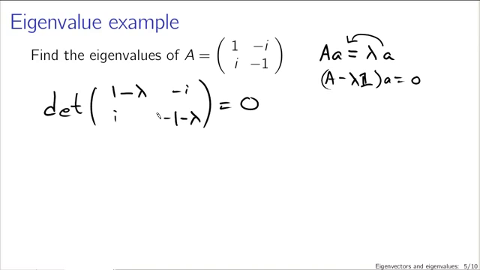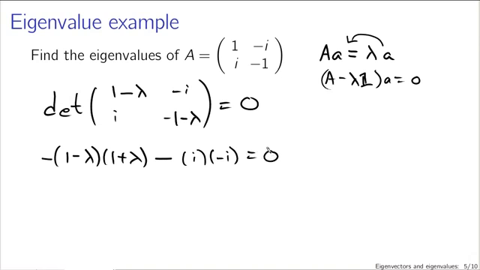So you know how to find the determinant of a 2 by 2 matrix. It's just something that you can write down. It's 1 minus lambda, this term, times this term, which I'm going to write as minus 1 minus lambda. And then I subtract from that this term times this term, i times minus i. And that's all going to be equal to 0.